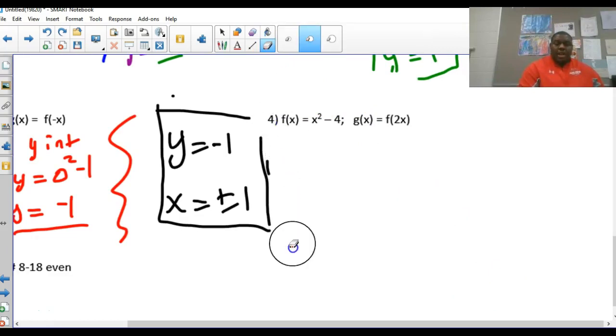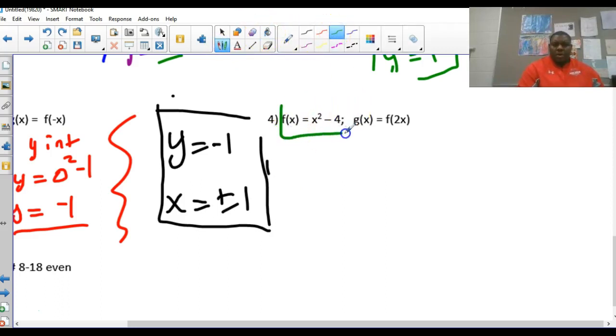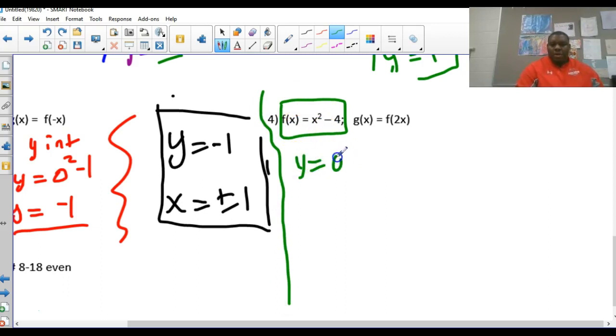All right, let's look at the last one. Let's use another color, green. Here we go. I'm going to do the x and y intercept. For the y-intercept, you make x 0. So 0 squared is 0, and 0 minus 4 is negative 4, so y equals negative 4.